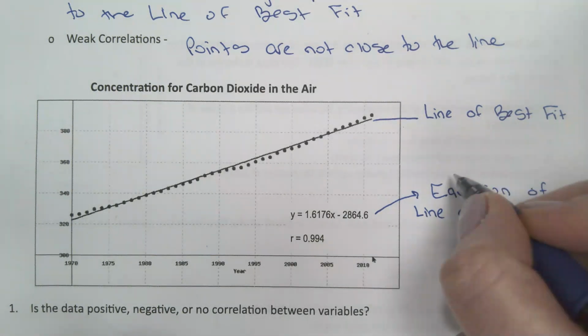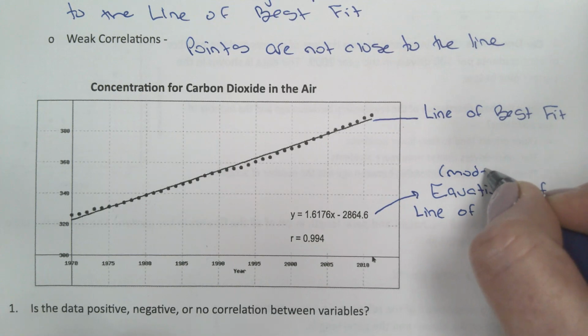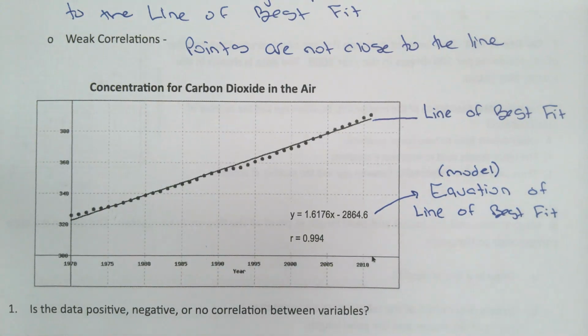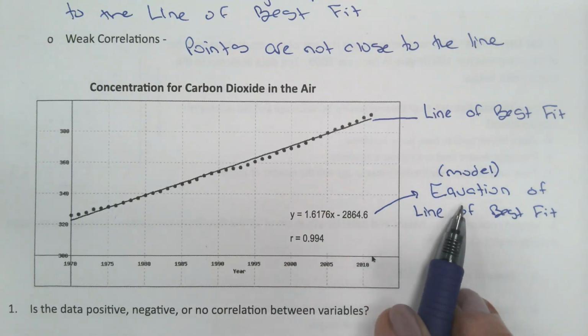The equation and the word model are something that we're probably going to use interchangeably. So when it says, what does the model predict? That's code for, hey, go look at the equation and use it.